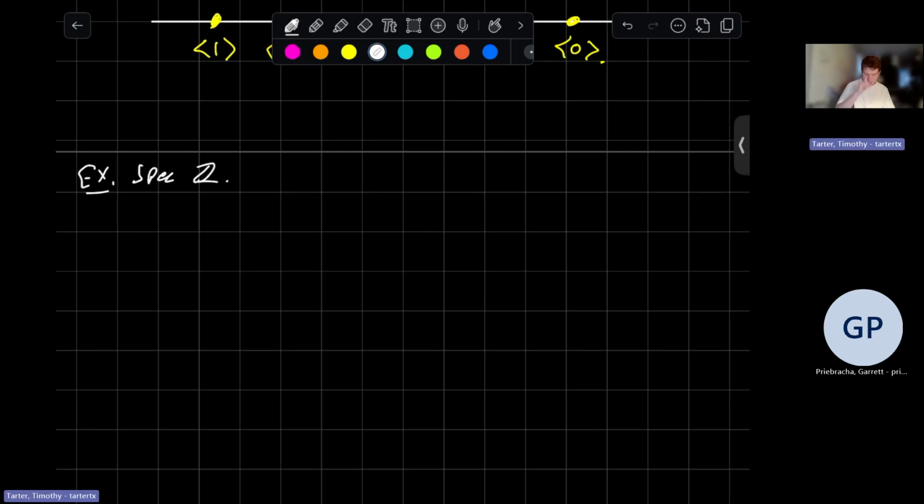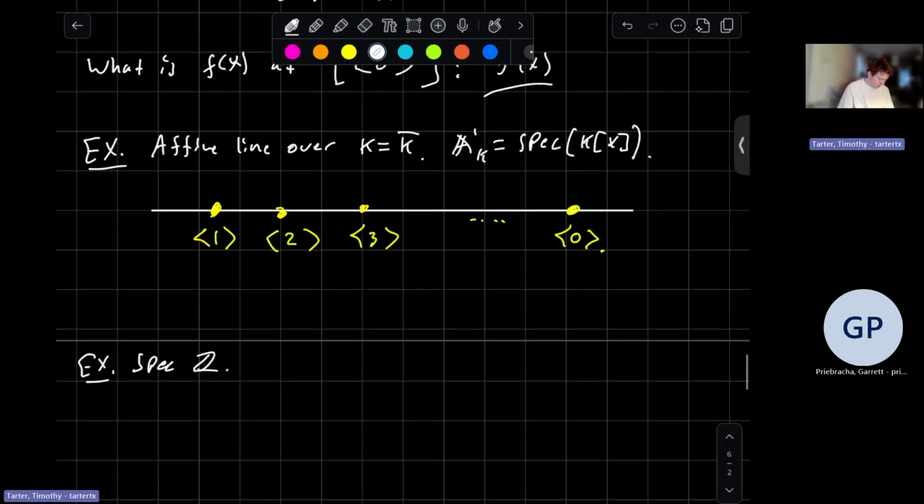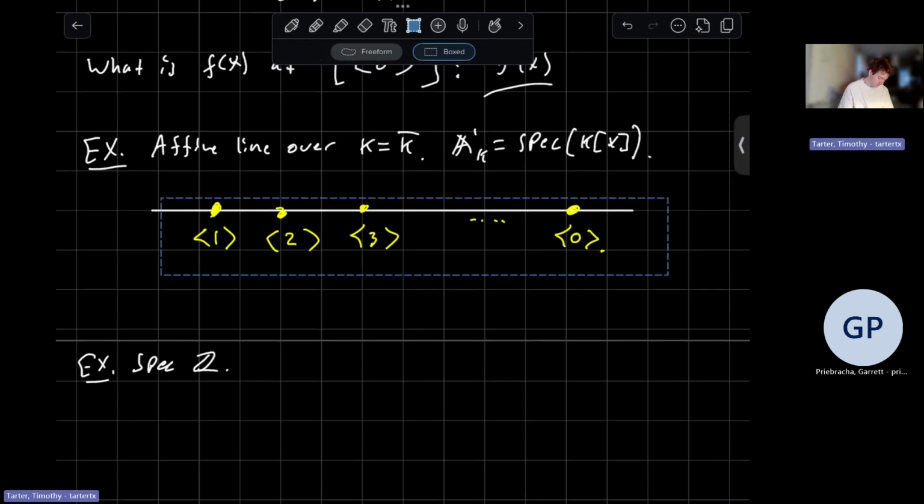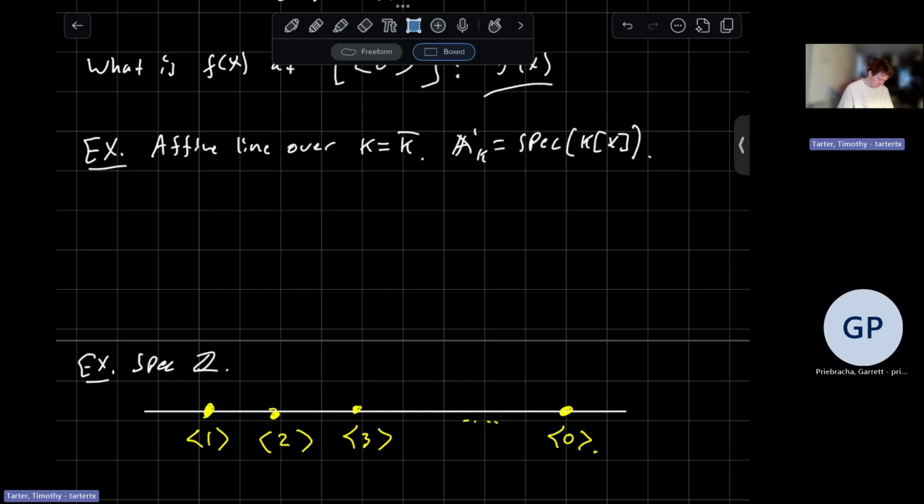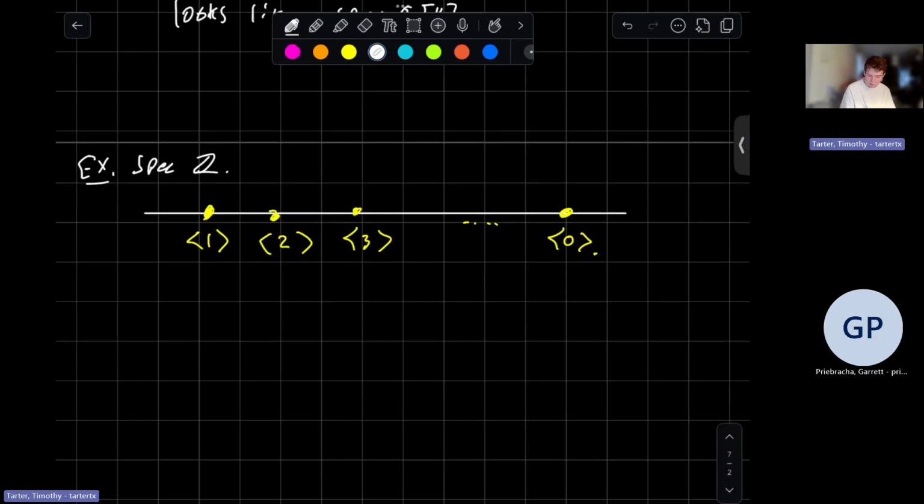Prime ideals are 0 and P, where P is prime. Oh, sorry, this is spec Z. The other one looks like spec C[x].